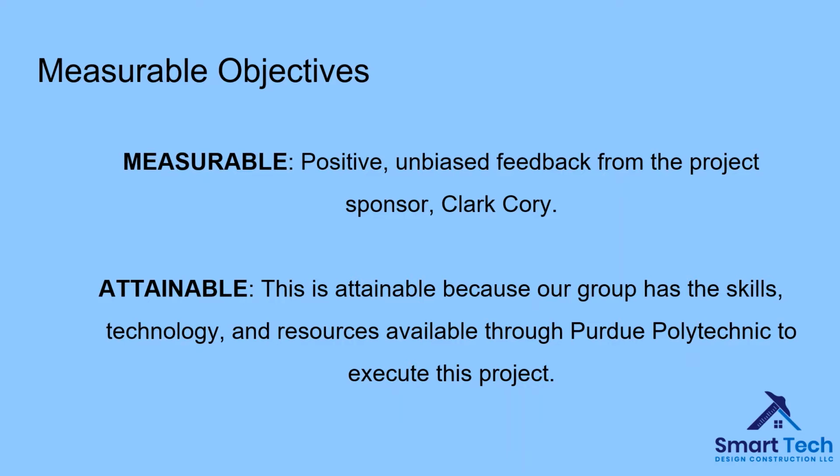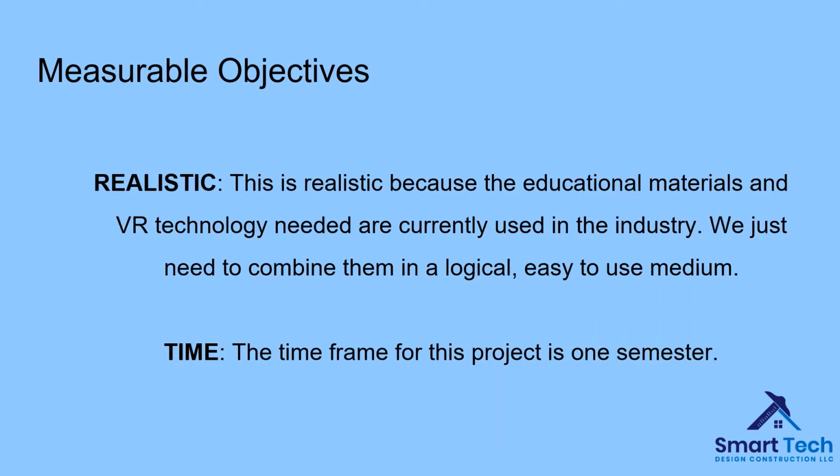This is attainable because our group has the skills, technology, and resources available through Purdue Polytechnic to execute this project. This is realistic because the educational materials and VR technology needed are currently used in industry. We just need to combine them in a logical, easy-to-use medium. The time frame for this project is 1 semester.